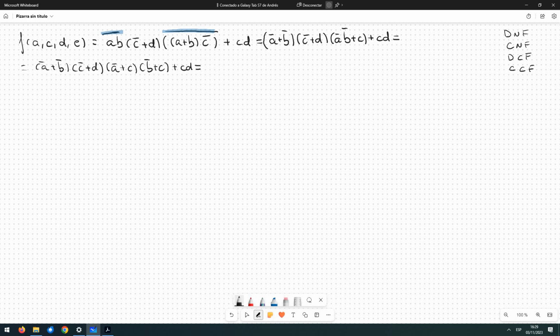So now we are going to apply the distributive property again. We are going to have the C included in all these terms and the D included in all these terms, in a way that we are going to have 8 new terms.